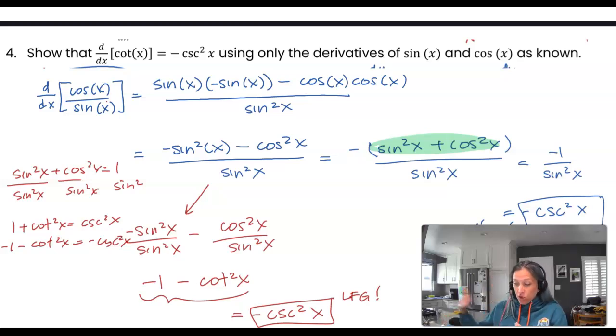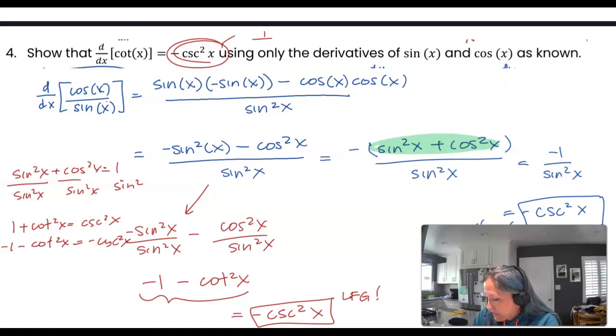I think the first way was a little bit easier, but your brain might have wanted to immediately divide out that sine squared, in which case you wouldn't have ended up on the second path, but you should have still been able to get to negative cosecant squared, especially knowing where we were going, right? We know the answer, we know where we're headed, so it's a question of how we can get there. One of the things that can be really helpful in a question like this, when we're trying to derive something and we know the start and we know the end, is to rewrite the goal and say, okay, cosecant is 1 over sine. Can I end up here at some point?